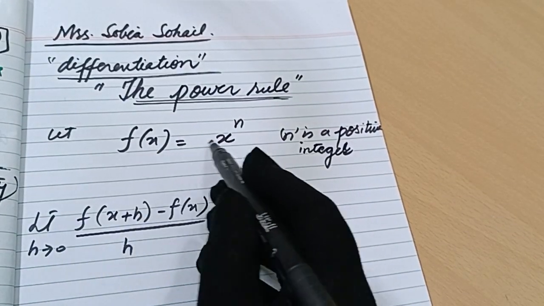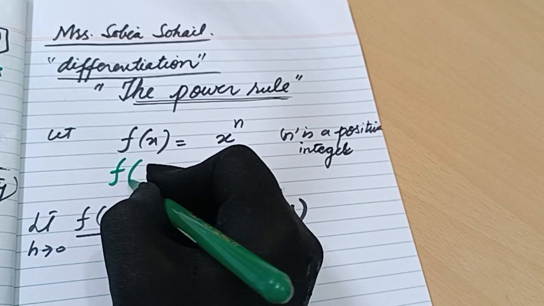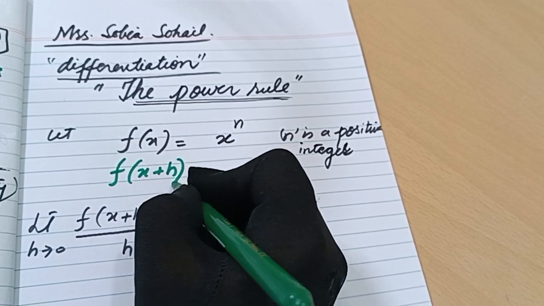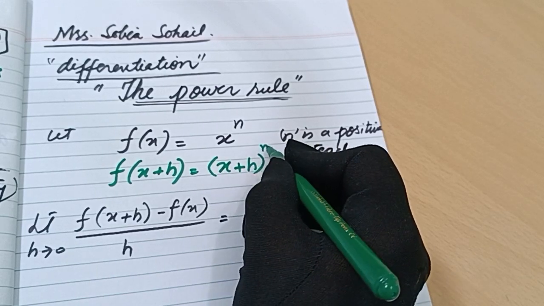For this, we already have this. So we have to find f of x plus h. It takes the form x plus h, with the power staying in the same position.